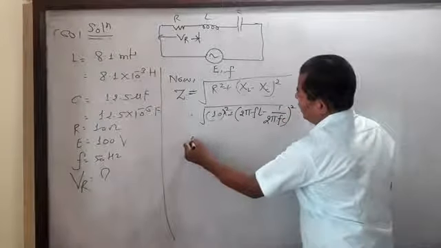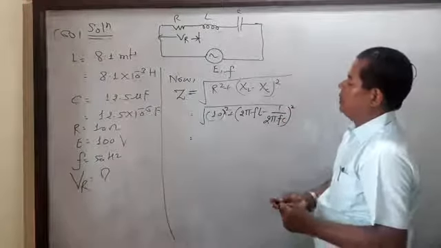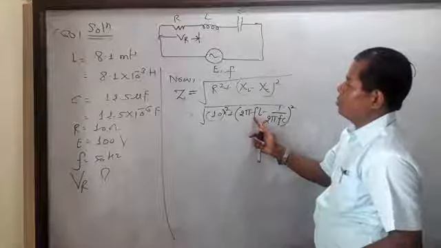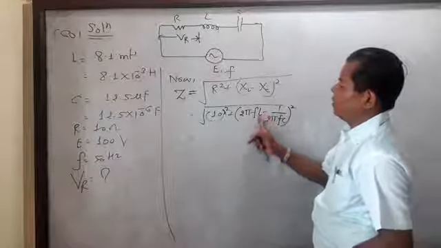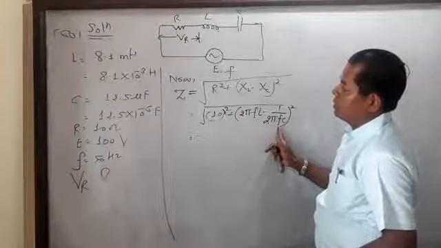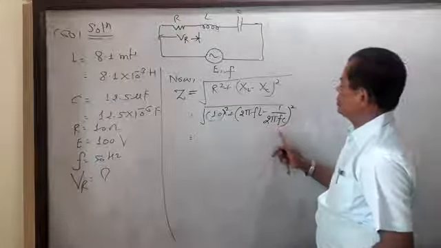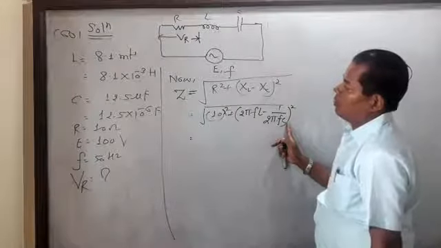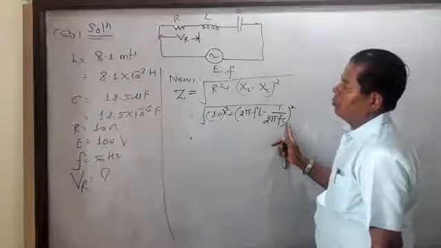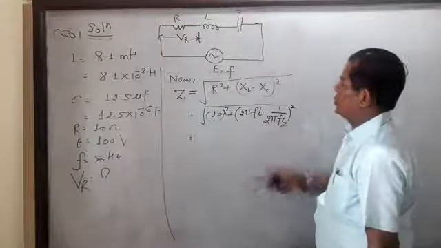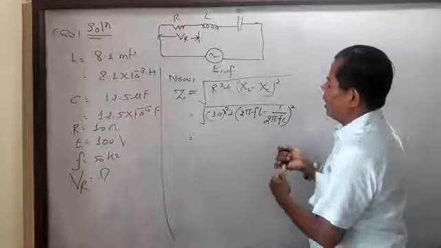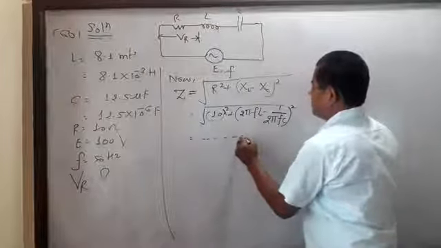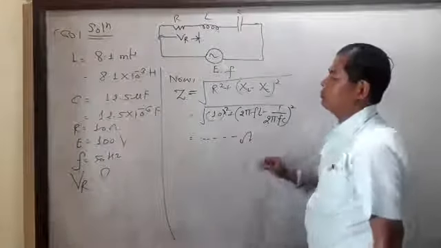Now see in this equation, the frequency is given, 50 Hz, the inductance is given, and the capacitance is 12.5 into 10 to the minus 6 farad. Then solve this equation and find the value of Z in ohm.